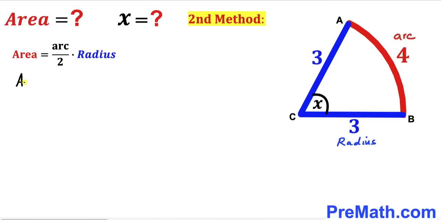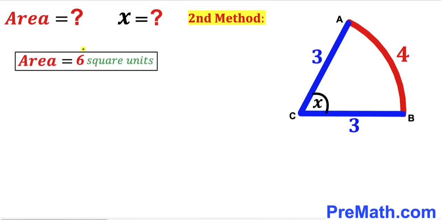The area of this sector is equal to 4 divided by 2 times 3, and if we multiply and simplify, that gives us 6 square units. So the sector area turns out to be 6 square units as well by using this second method, and that's our final answer.